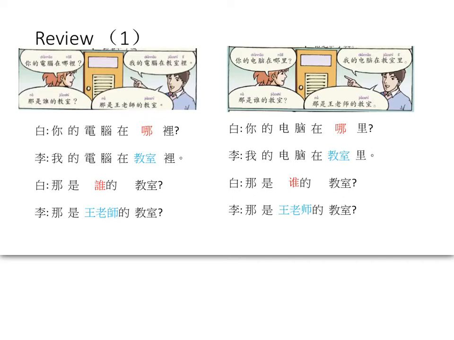首先，我们先复习一下。Let's start with a little review. On the left side of the screen is traditional character. On the right side is simplified character. 有两个人。There are two people in the dialogue.